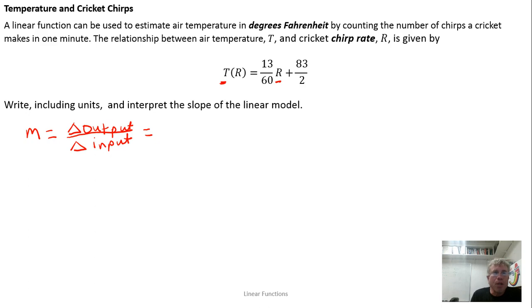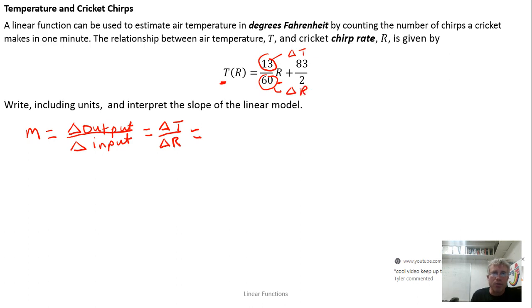So the delta output will need to be delta T, the outputs are T's, divided by delta inputs, but the inputs are cricket chirp rates, which we represent here with an R, so it's going to be delta T divided by delta R. So now we look at the slope of the line, which is 13 over 60, so the 13 has to be the delta T. The 60 must be the delta R.